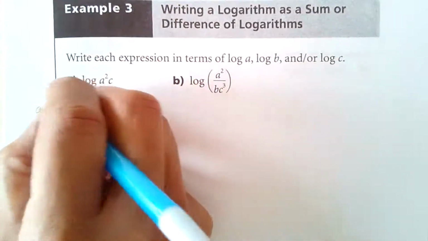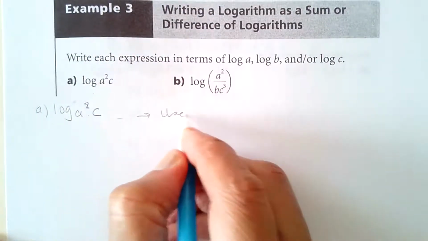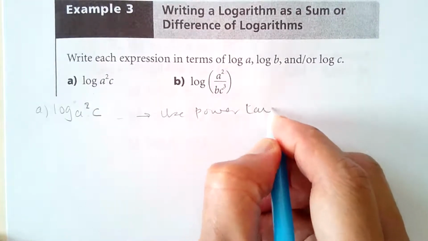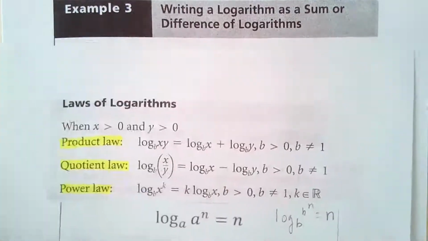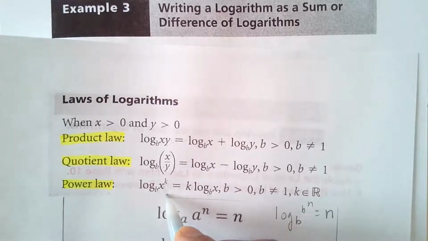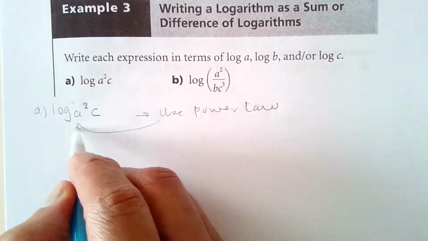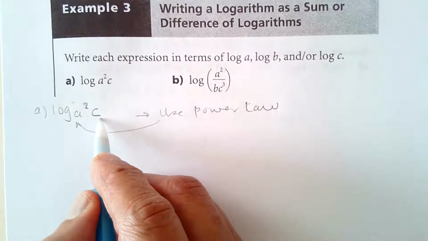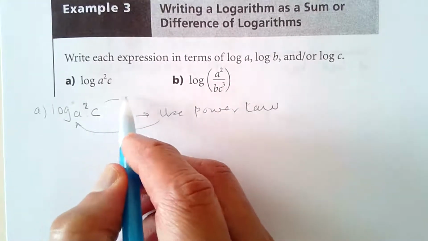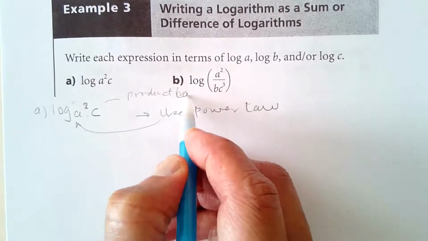We can try to break this apart using the power law. We can use a power law for this part, but then we have this multiplying, so we can use a product law.